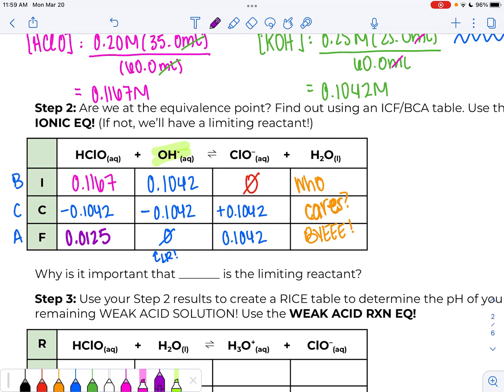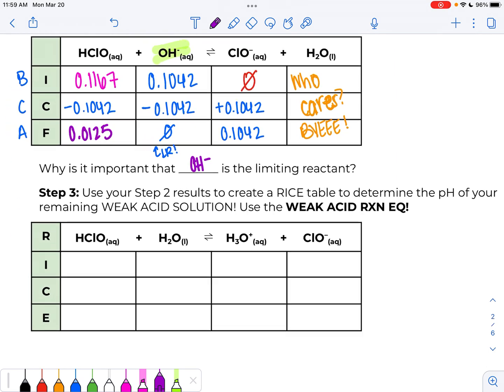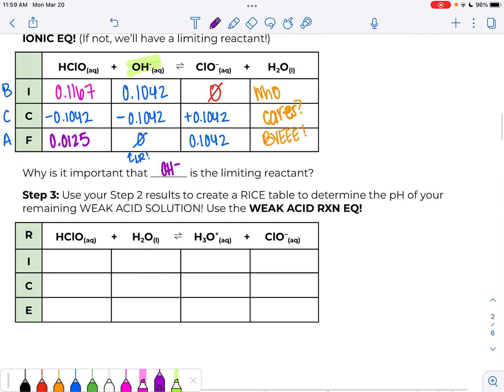We have our acid and we have the conjugate base left over. So why is it important that OH is our limiting reactant? Because it's totally used up here. So that's going to make it really nice, because all we have to worry about is the acid and its conjugate base.